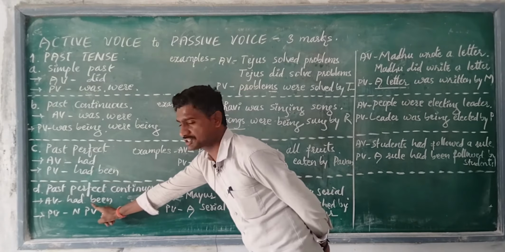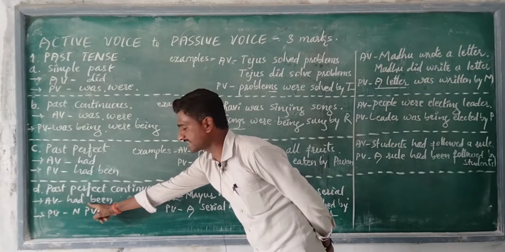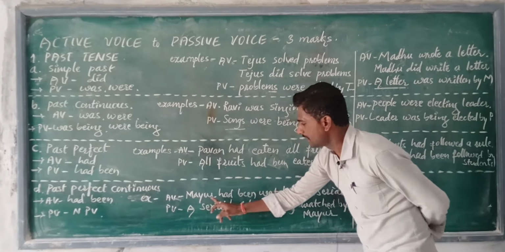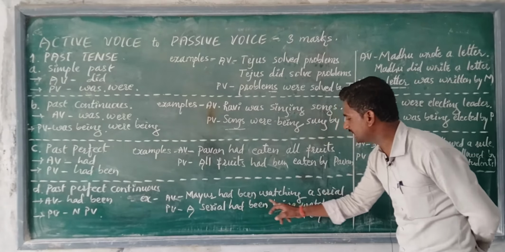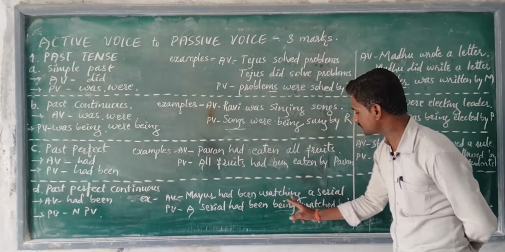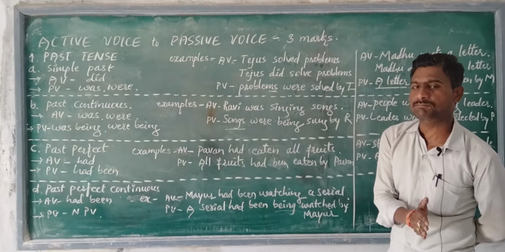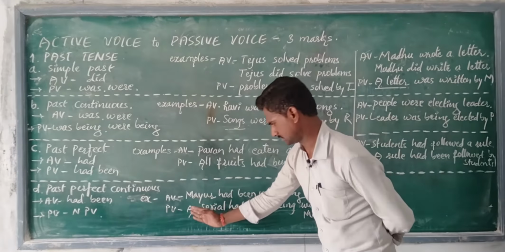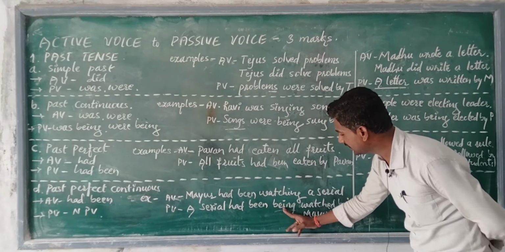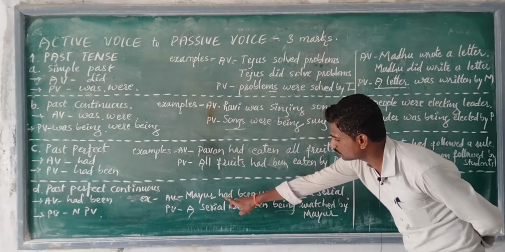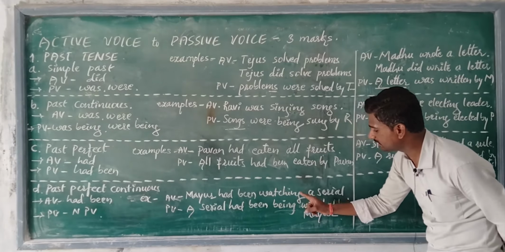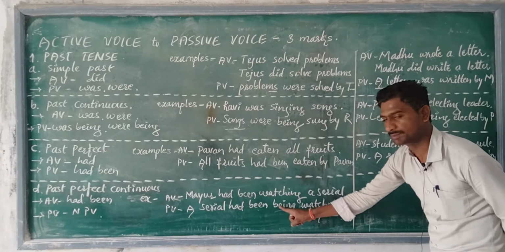See here, for active voice, there is a helping verb, that is had been. See the examples. Active voice: Mayur had been watching a serial. And the passive voice: a serial had been, the same helping verb used in the passive voice, and instead of ing, being.